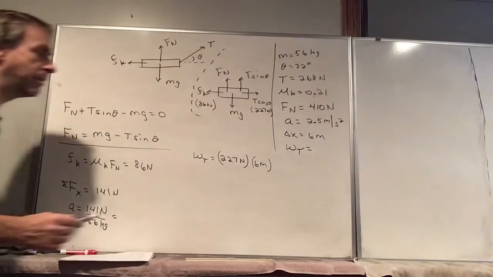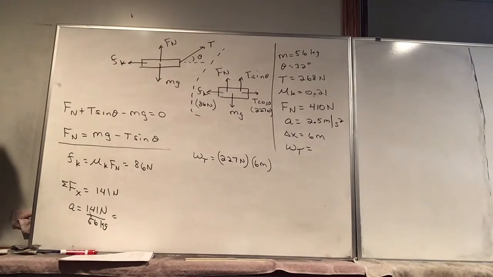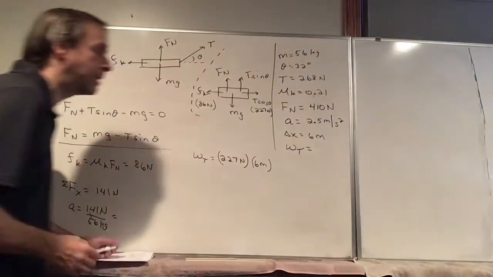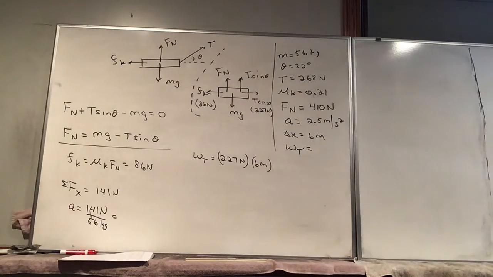When we're calculating the work, you only want the component of the force in the direction of the displacement. Some people did 268 times 6, but that's a very common mistake.